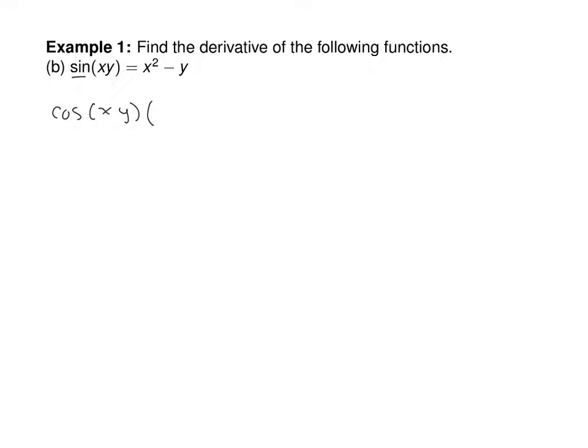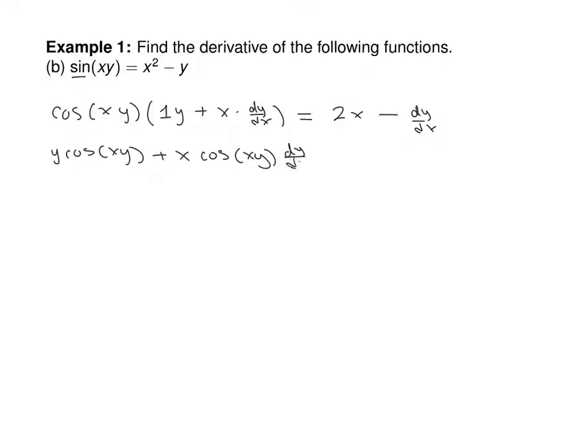So what's x's derivative? 1 plus x times y prime or dy dx, whichever one you like better, equals minus dy dx. I think since there are dy dx's on both sides, it's best to distribute. Let's write that as y cosine of xy plus x cosine xy times dy dx equals 2x minus dy dx.